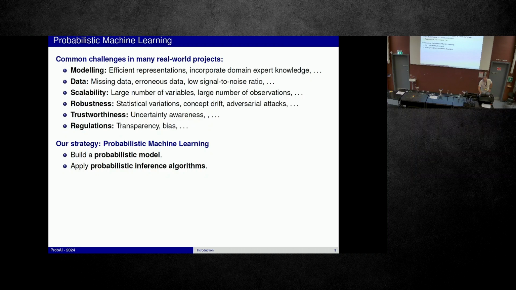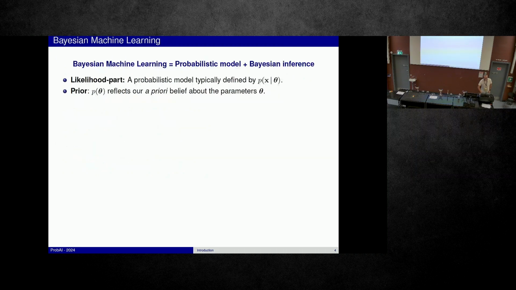And not only are we doing probabilistic machine learning today, we are taking it one step further and doing Bayesian machine learning. What that means is, of course, to have a probabilistic model and a prior over our parameters. So we have a likelihood part telling us how the data relates given the model, theta.